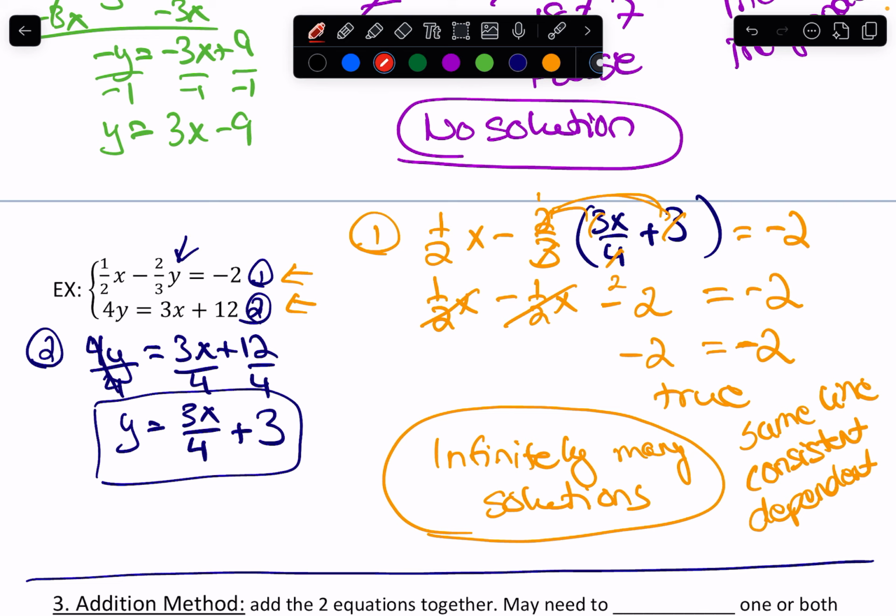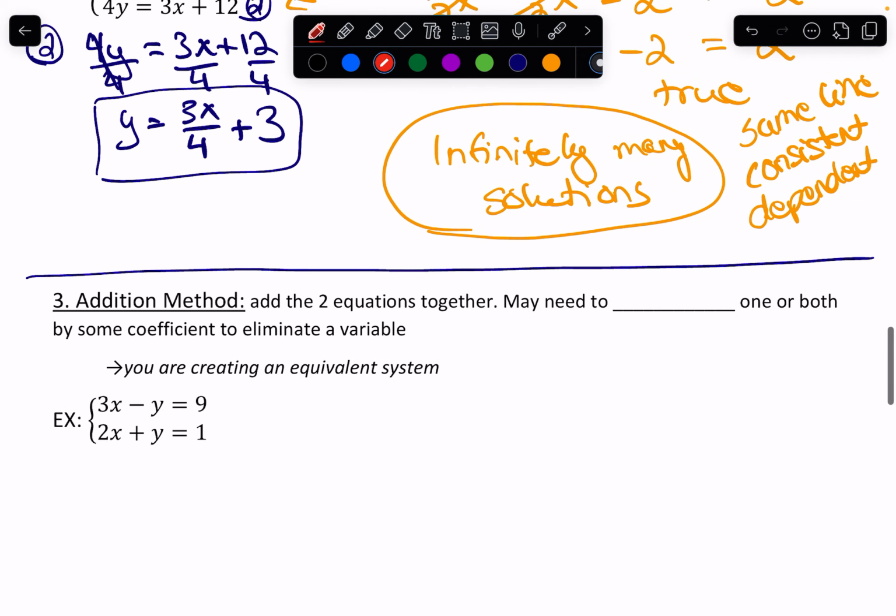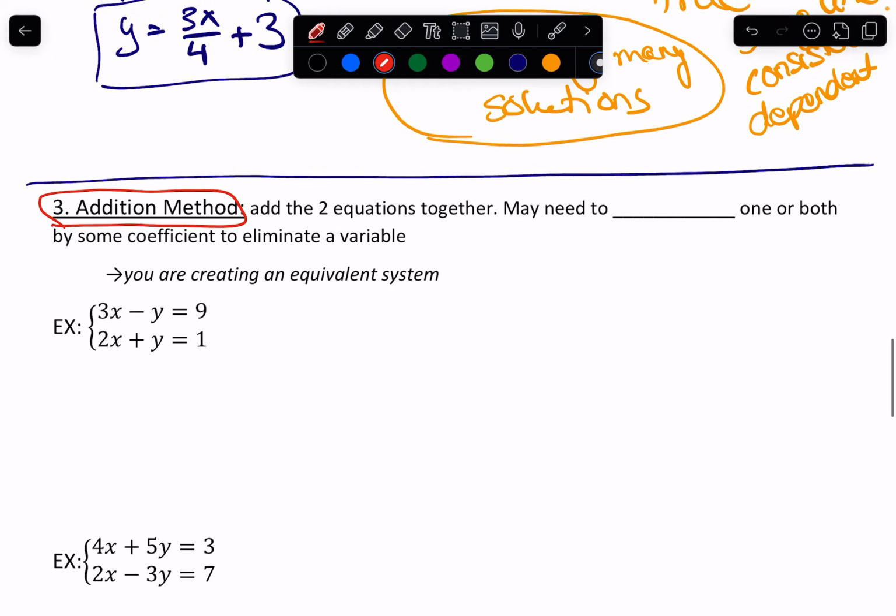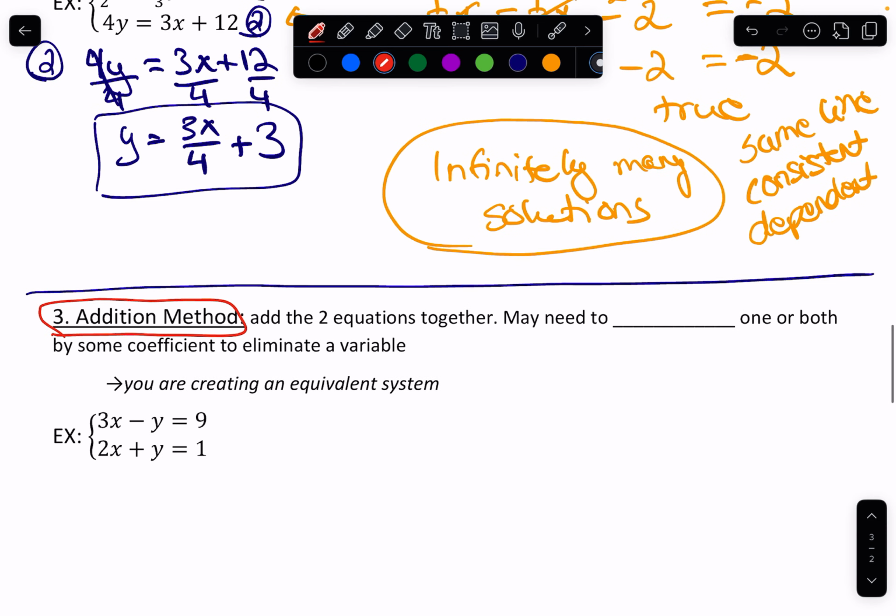Okay, the third method here, how to solve, is addition method. I've seen it also being called elimination method. So those two are the exact same thing.